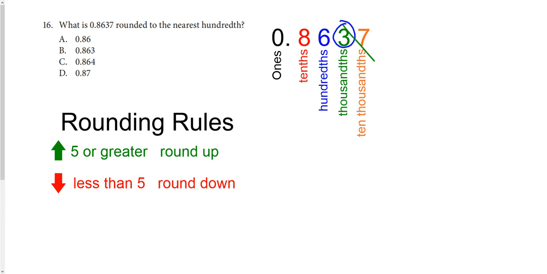We're going to drop out the 6 and the 7. If that number 3 was like 5, 6, 7, 8, 9, then we'd round up and change this 6 into a 7. But here we're going to round down, and we're just going to get 0.86, which would be our answer choice A.